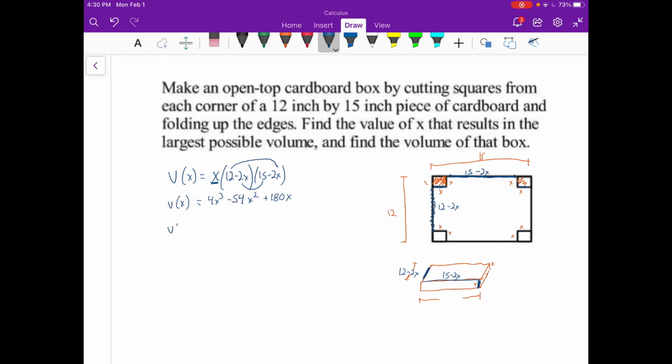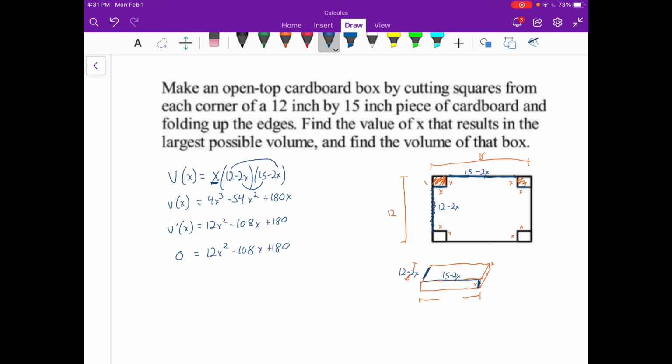Now what we want to do is take the derivative of that volume function, which will be 12x squared minus 108x plus 180. We would set that equal to 0 to help us find the critical numbers. So we have 12x squared minus 108x plus 180.